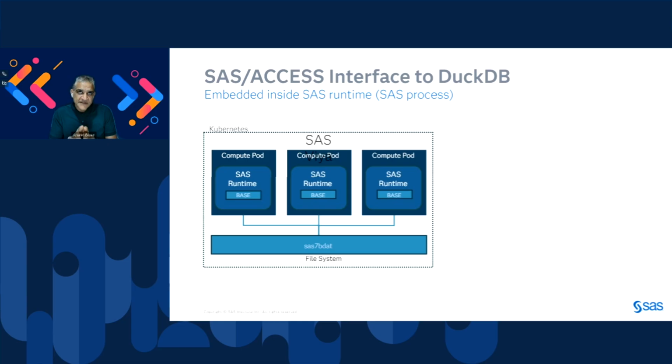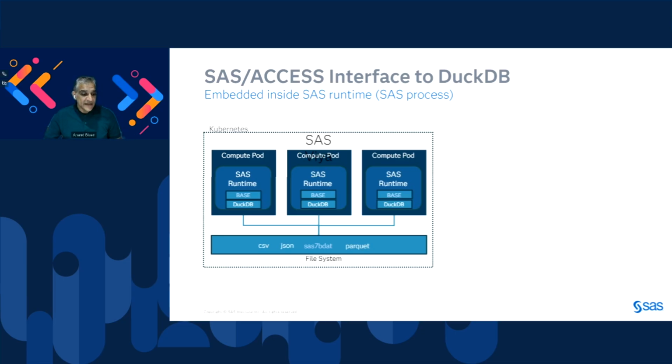So prior to SAS Viya 2025 July release, what you have is a SAS runtime that executes your SAS code, and that comes with a base engine. And a base engine allows you to access your SAS datasets, like SAS7BDAT files. Now, post July release, there will be a DuckDB LIBNAME engine in addition to the base engine.